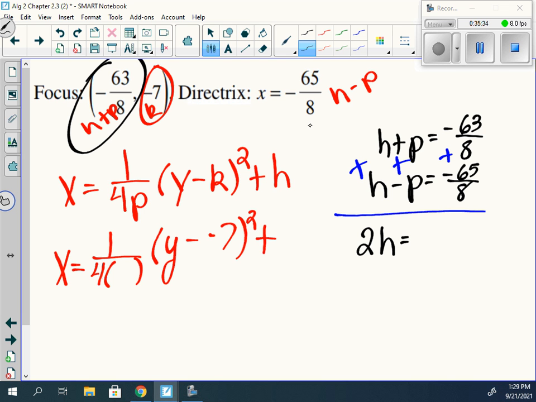What is negative 63/8 plus negative 65/8? That looks like it's going to be a nasty number, doesn't it? Does that reduce? That's really nice. And last but not least, to find the value of h, we divide both sides by 2, telling us h is equal to negative 8.